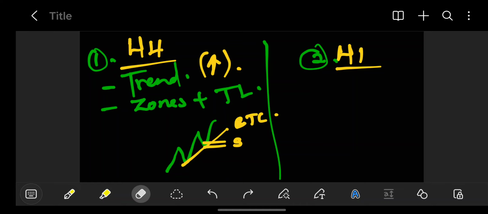I'm only interested in the bullish trend line in a trend where the price is going up, because the only trend line that makes sense is the one that goes with the trend. So each time the price comes down to either the trend line or the support, I can look for buy trades, because both these structures, the bullish trend line and the support, go hand in hand with the buyers; they are bullish structures.